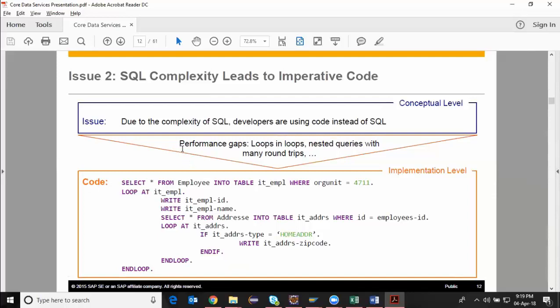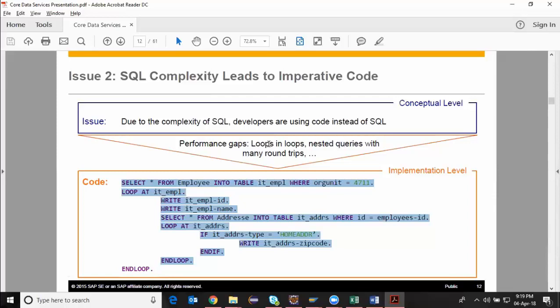See, this is another example. Due to the complexity, developers use code instead of SQL. If you are a really good SQL developer, you may do it in a different way, but most of the time you will write this complex SQL for your requirement, isn't it? I will do the same thing. I don't know about others, but I will use loops to simplify it, because I'm not an SQL developer.